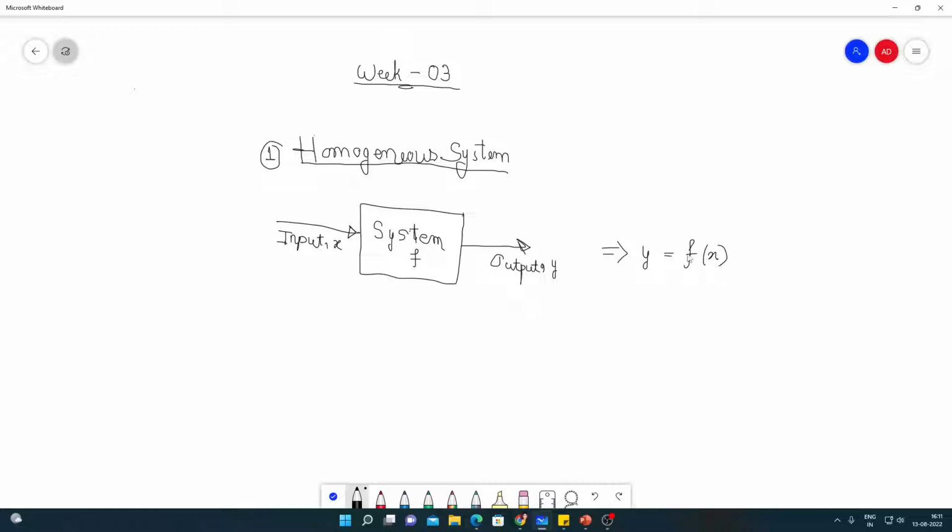So a homogeneous system is such a system. If you have an x input, you will get a y output for a function or system f.